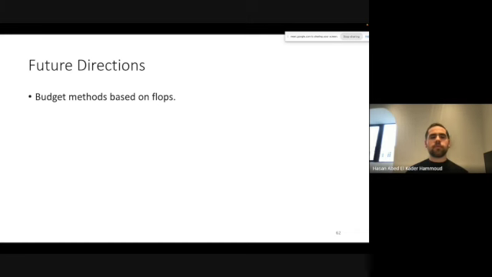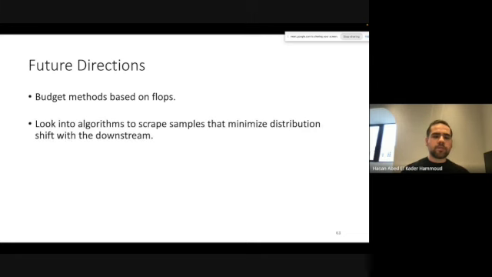Moco V3 is probably more complicated. Can we even budget it further to be also on the number of flops exhausted by those methods? The second point is, can we look into those algorithms that will go scrape the web, collect samples that minimize distance between upstream and downstream, such that we can get data sets that are more likely to work for our downstream, similar to the medical data set example I gave earlier.